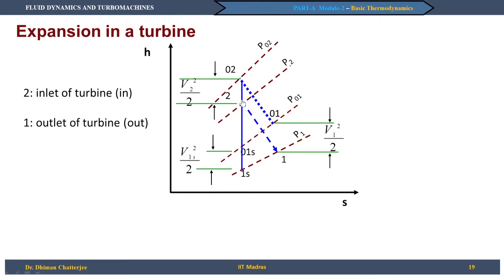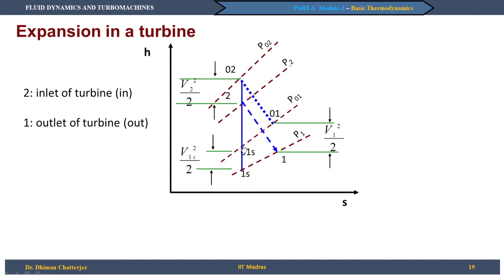We can also talk in terms of the stagnation properties. H02, for example, is nothing but H2 plus V2 squared by 2, and H01s is nothing but H1s plus V1s squared by 2. So, you see one thing very clearly: if I am talking about an idealized isentropic condition, then the total enthalpy drop is H02 minus H01s.